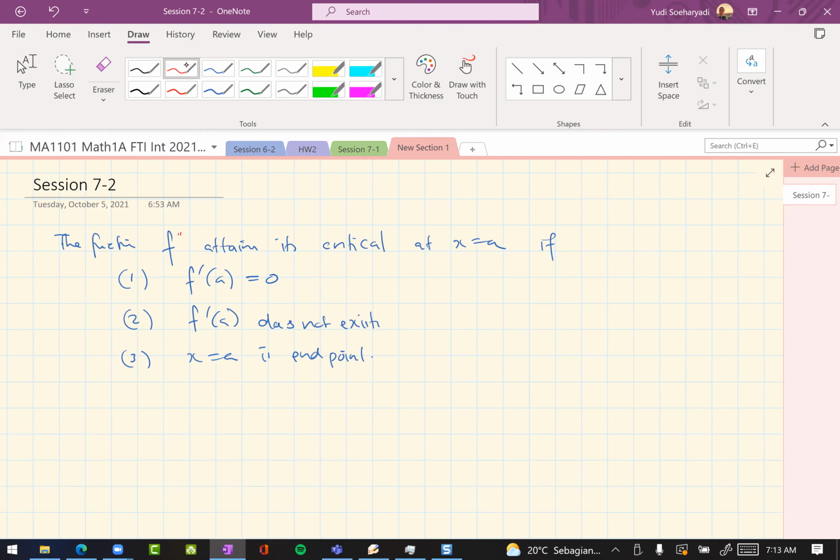Okay, so in this case, this is called stationary. This is called singular. This is endpoint.